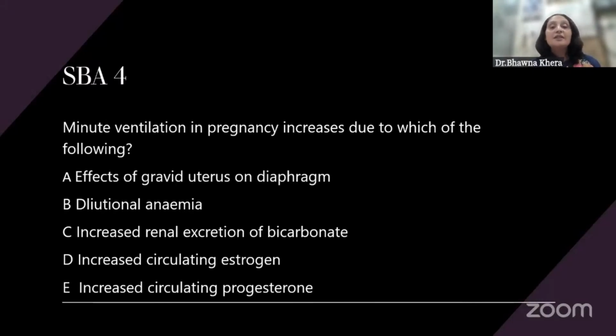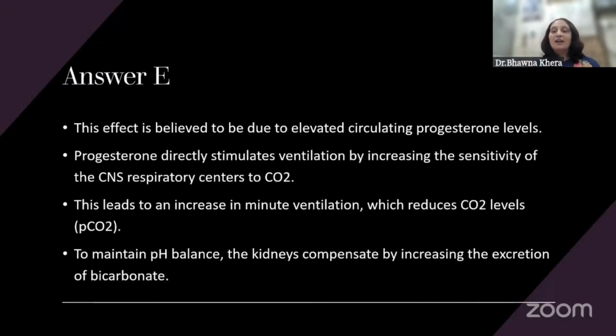Therefore, the renal excretion of bicarbonate is increasing. So don't confuse this, okay? Increased renal excretion of bicarbonate is the end product, which is happening because of the minute ventilation increase. But why does the minute ventilation increase? The cause is increasing circulating progesterone. So E is the correct answer here.